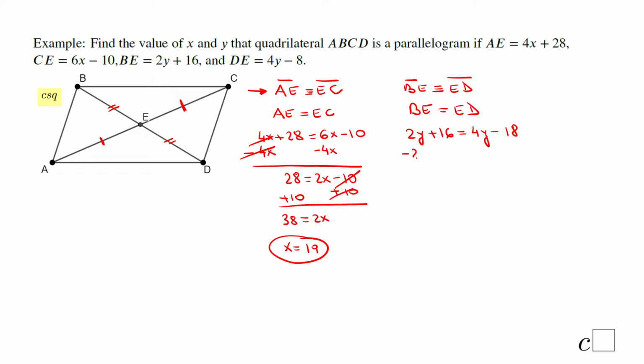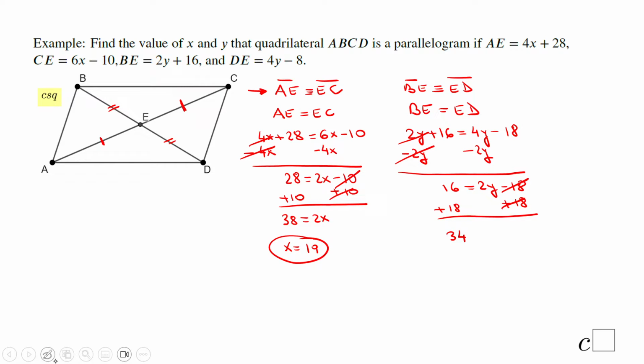And I'm going to subtract 2y here to get rid of this 2y. Of course, there is another way to do it. So we have here 16 equals 2y minus 18. I'm going to add 18 on both sides. And we have here 34.